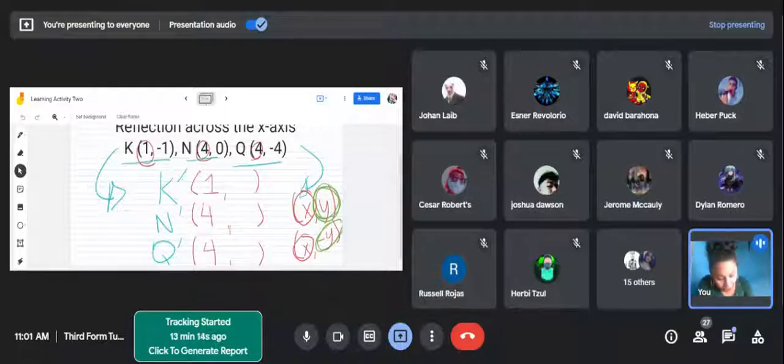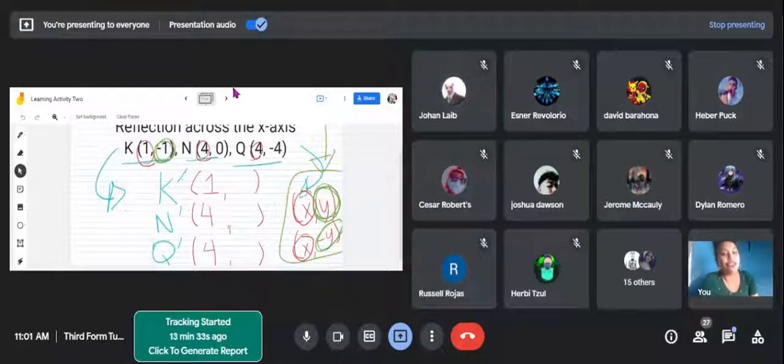So if I take a look at negative 1, what would be my new y? If I am following right here, what is going to be my new y? Just 1, miss. Very good, Johan, just 1.